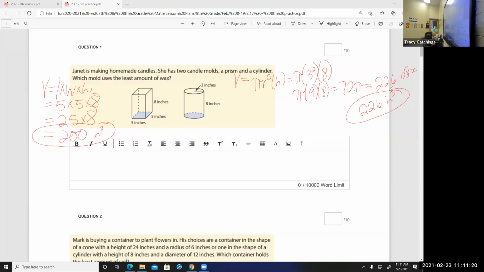All right, so which one here is the least? This one here is the least amount of wax. All right, let me know when y'all finish doing what you need.